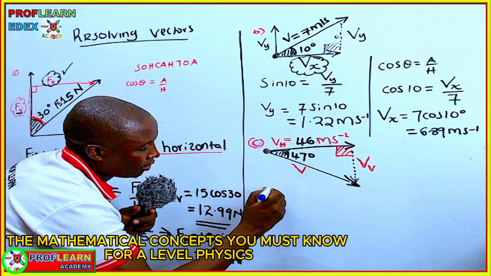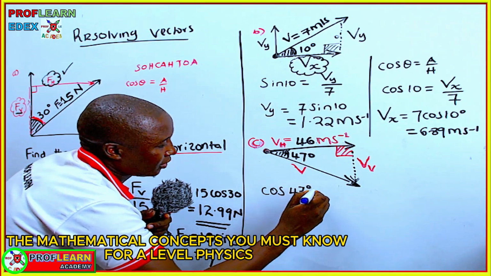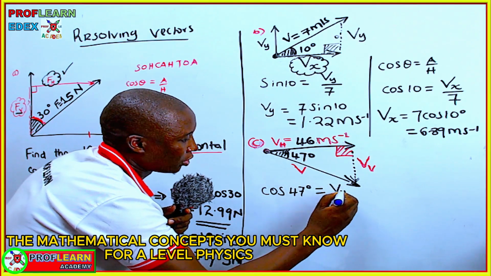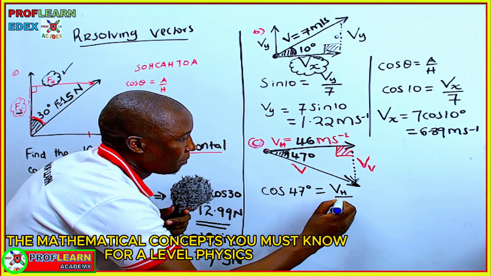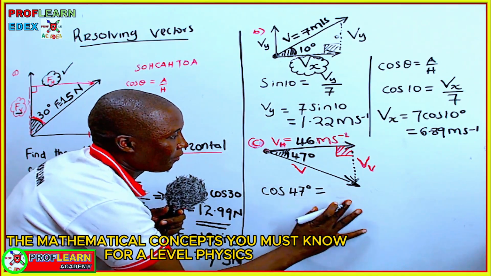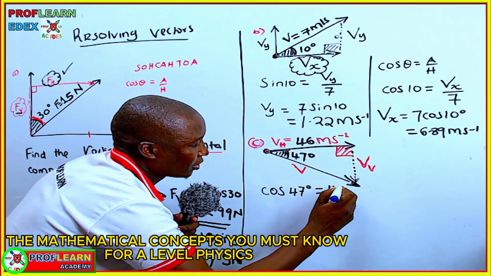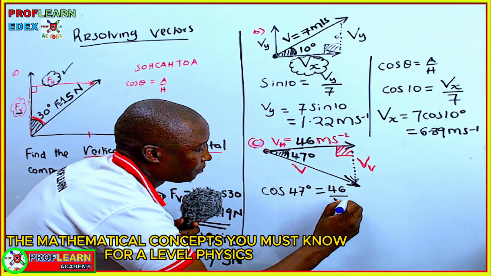So we can say cos 47 degrees is equal to adjacent, which is VH, over the hypotenuse. But in this case, we have our VH, which is 46, over hypotenuse, which is V.